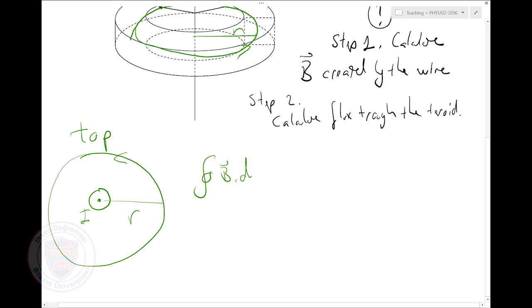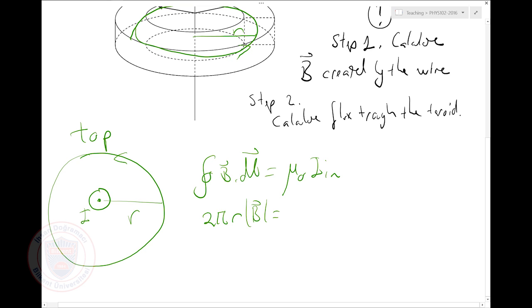B dot dl is mu 0 times I in. By symmetry, B is parallel to dl all on my ampere loop. So this is going to be 2 pi r times B magnitude.